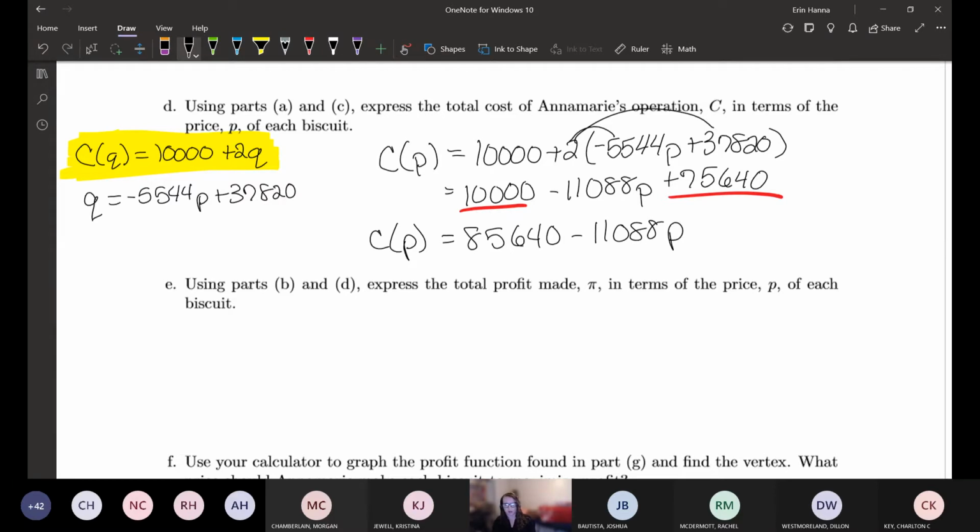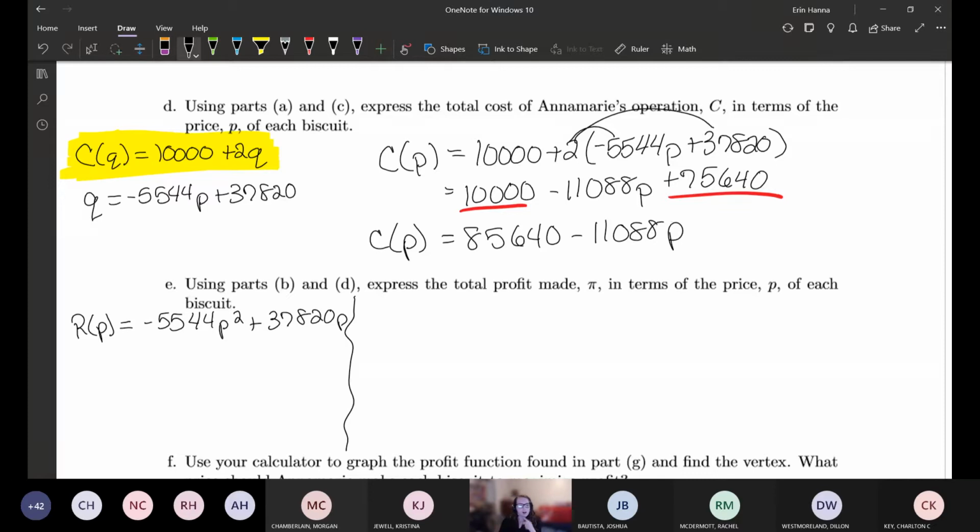Now the cost equation is in terms of price instead of quantity as it was in part C. And to remind us, because we're going to need it in a second, we had the revenue in terms of price. That was our negative 5544 P squared. Those are this equation. So just to remind us of the other part we're going to need to use here.